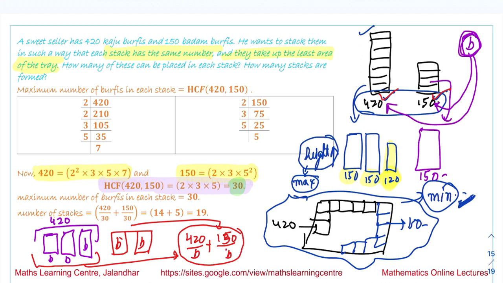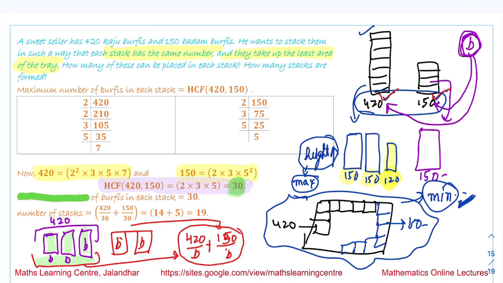30 over here. So we are saying that if we keep the size of the stack as 30, then we will have the maximum height with the minimum number of stacks, and this is what we have to calculate.